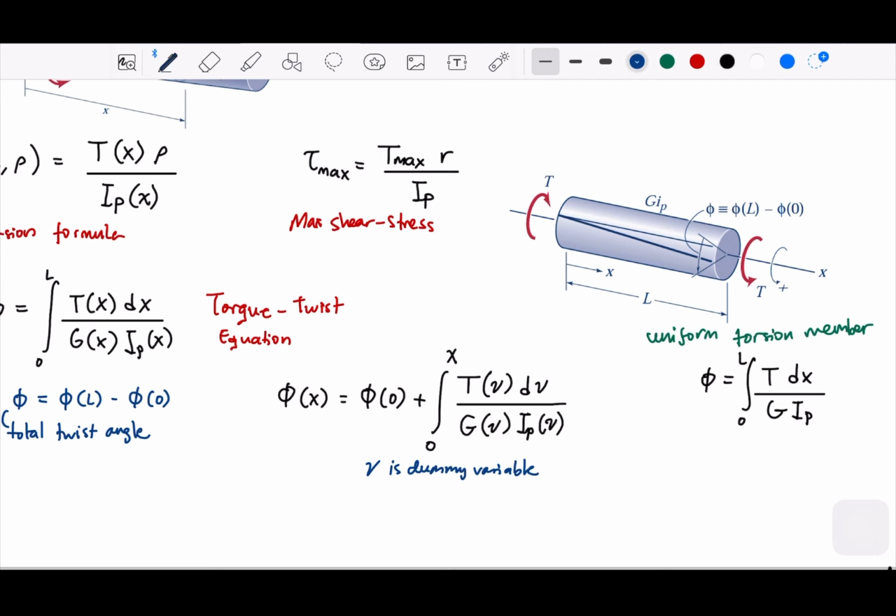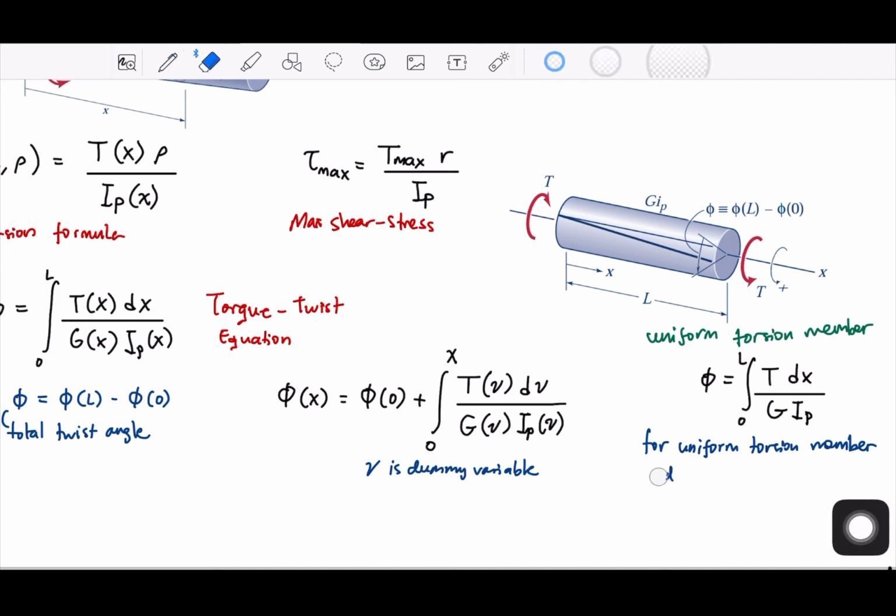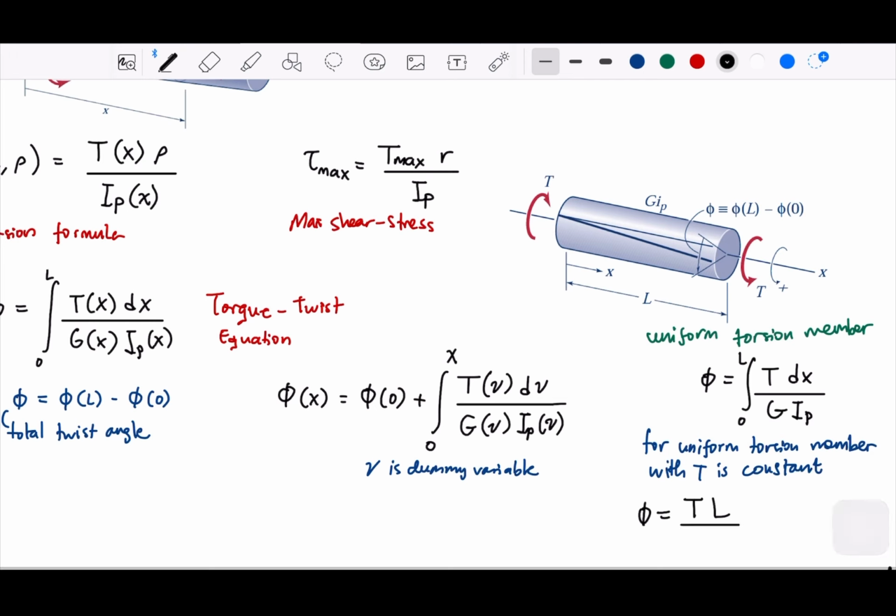So for a torsion member that is uniform, with the torsion constant, then we can write T L over G and inertia.